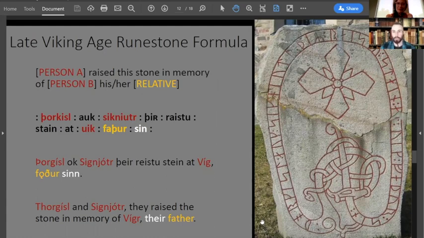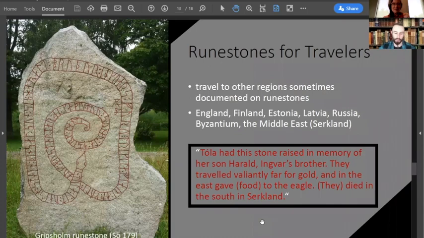And some runestones include additional information after this initial formula. So one example is they might mention where the person had traveled to during their lifetime, either on raids or trading expeditions or even on pilgrimage.